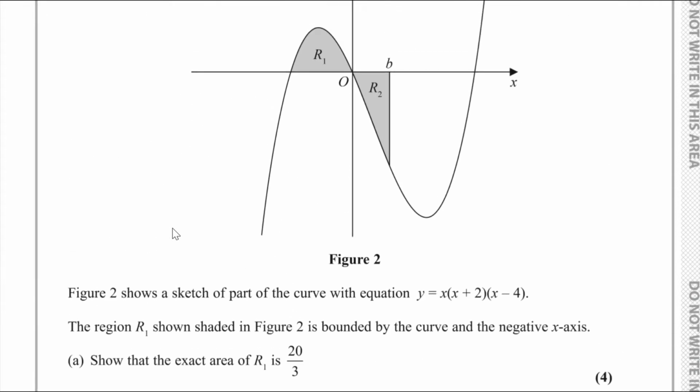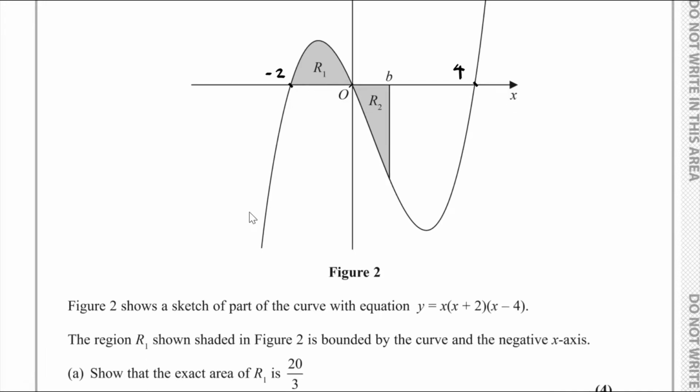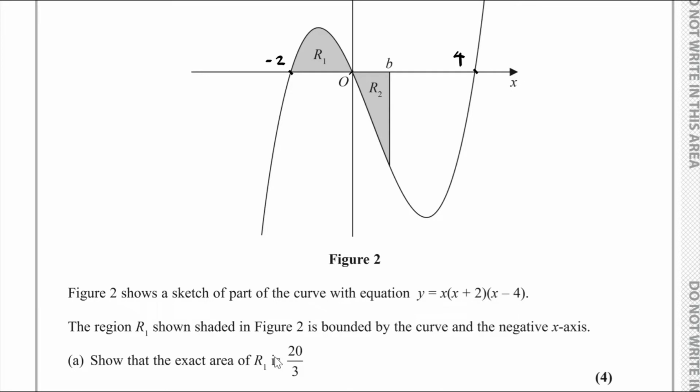So let's add this to the diagram. The curve crosses the x-axis at -2, the origin O, and the point x equals 4. And we wish to find the exact area of R1. For us to do this, we would have to integrate this curve between -2 and 0.